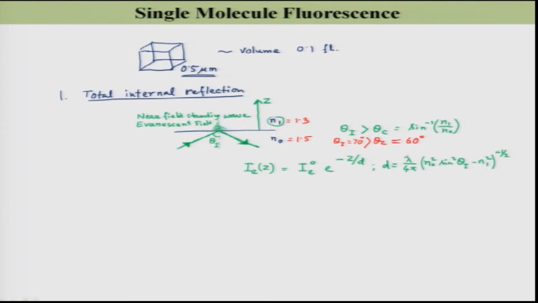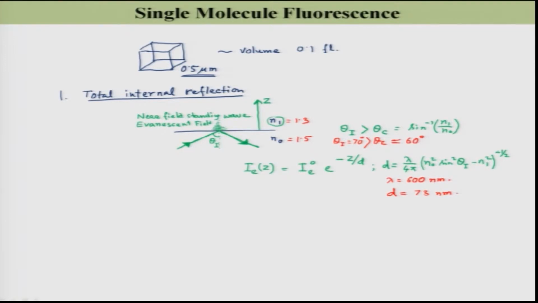So, I fix the wavelength of the incident light as 600 nanometer. If you plug in all these values and calculate, you will get d as 73 nanometer, right.